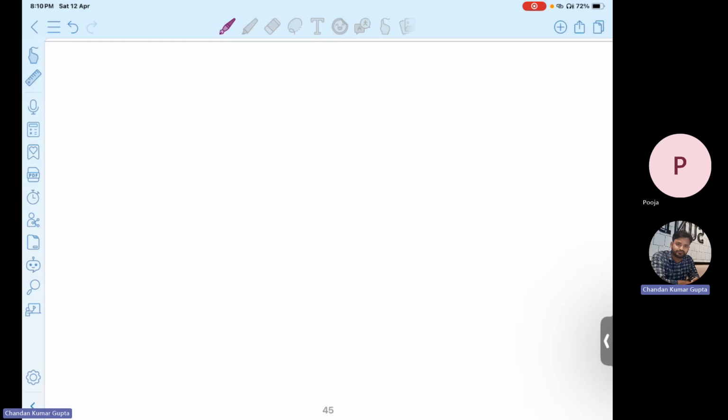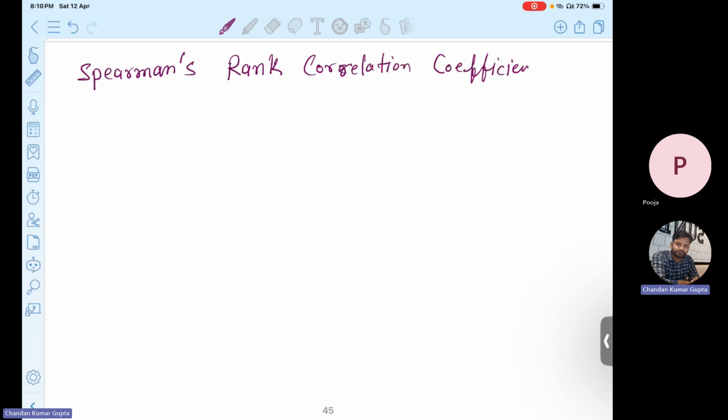We need to find the Spearman's rank correlation coefficient, so we need to calculate this, and we are given some data.